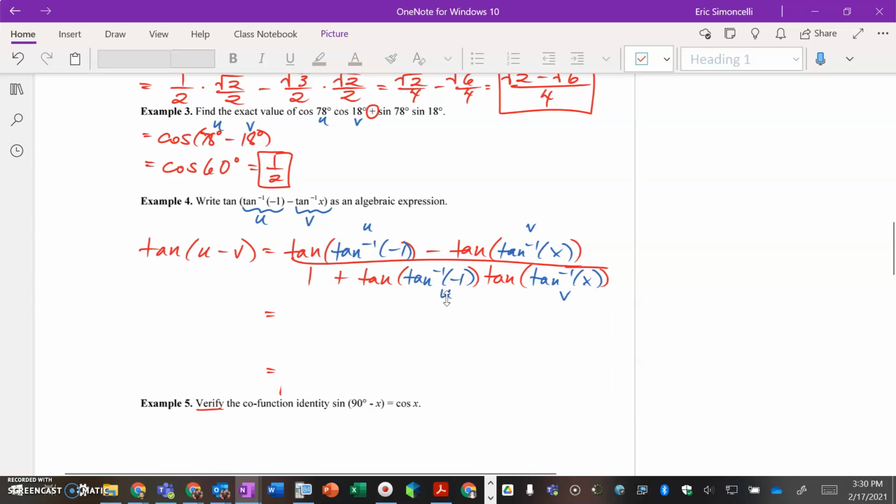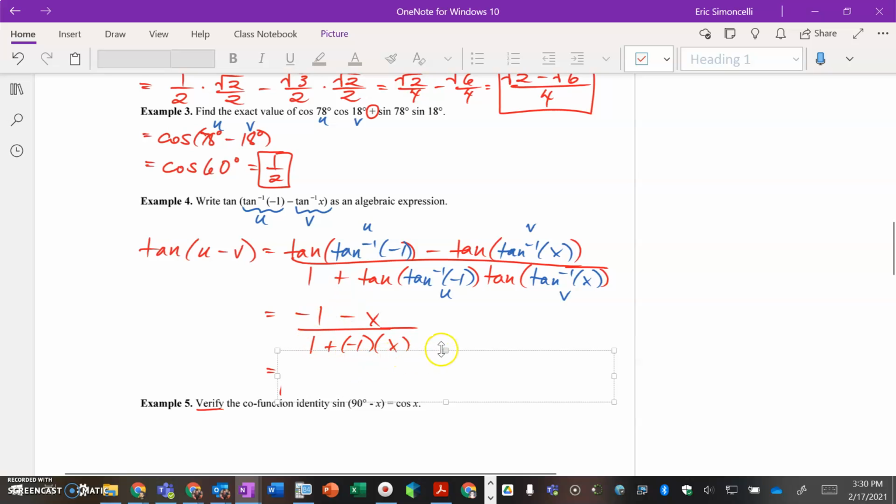It turns out with the numerator in particular, you'll be left with -1 minus x, the other remaining quantity. And then in the denominator, the same thing applies: 1 plus -1 times x, so it simply is -1 times x.